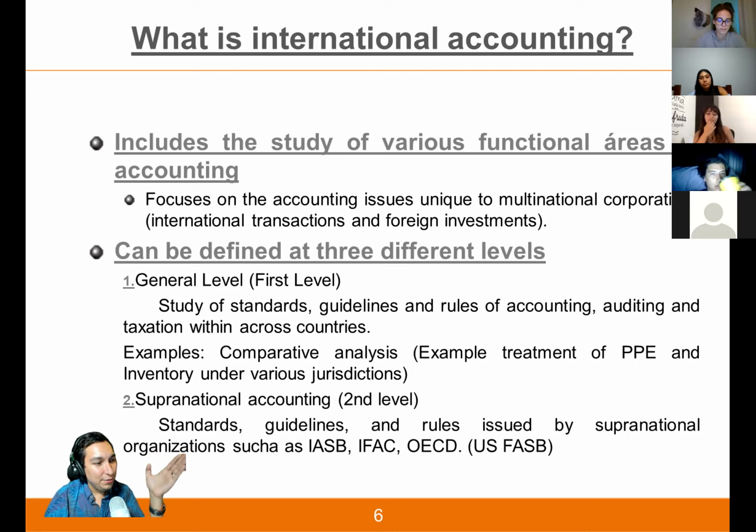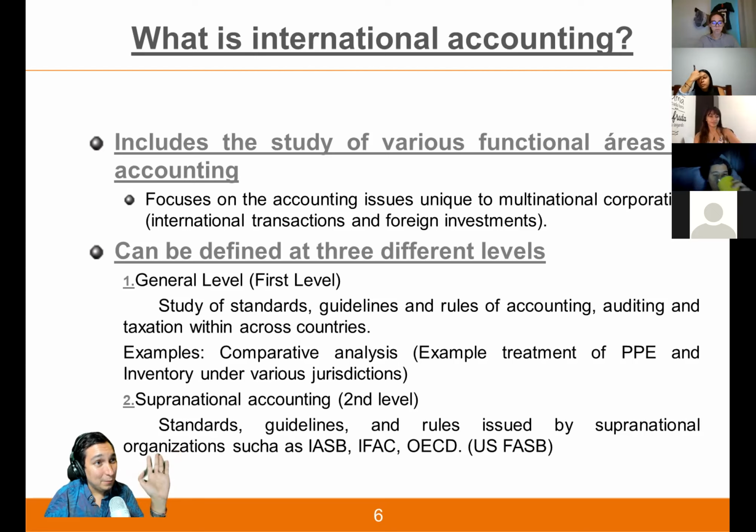Who issues, how do you call the USA guidelines? US GAAP. Awesome, US GAAP. And the Mexican guidelines? NIF, also known as Mex GAAP.